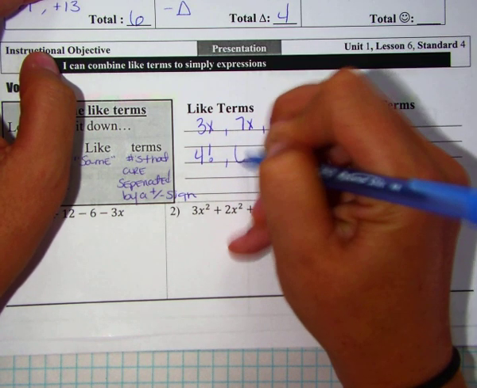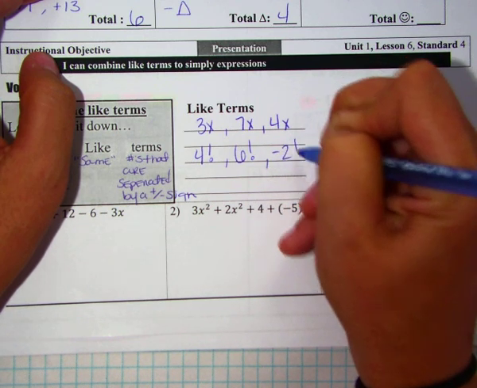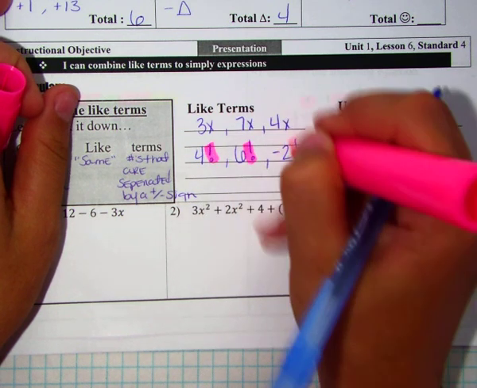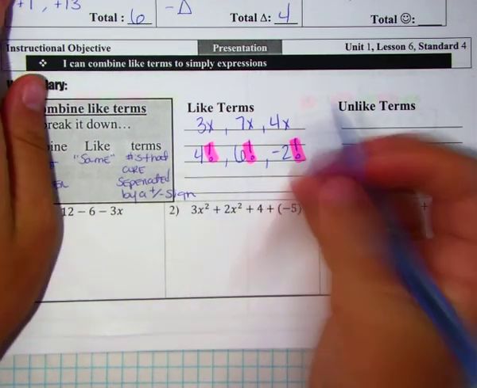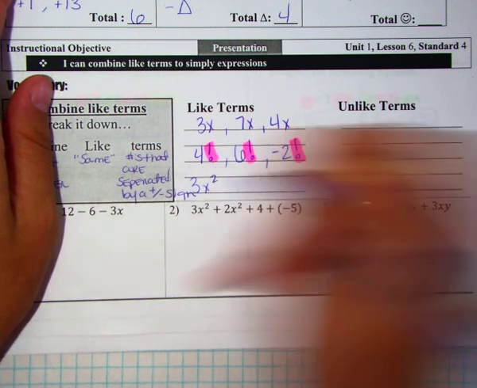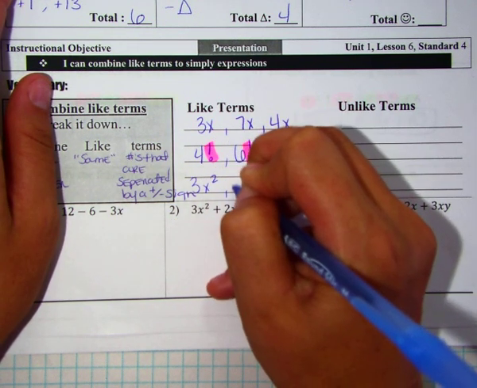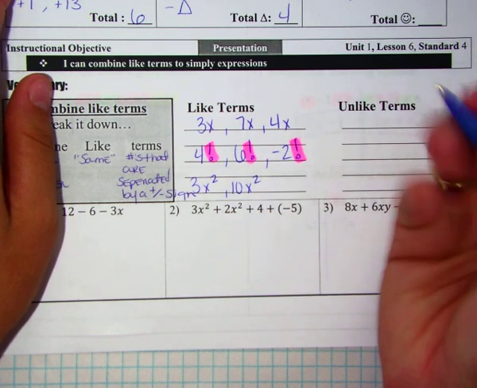So like 6 exclamation point and -2 exclamation point. These are all like terms because they share the same symbol. Or 3x squared. If it's a like term, then it will also have an x squared. So like 10x squared. Those are like terms because they both have x squared.